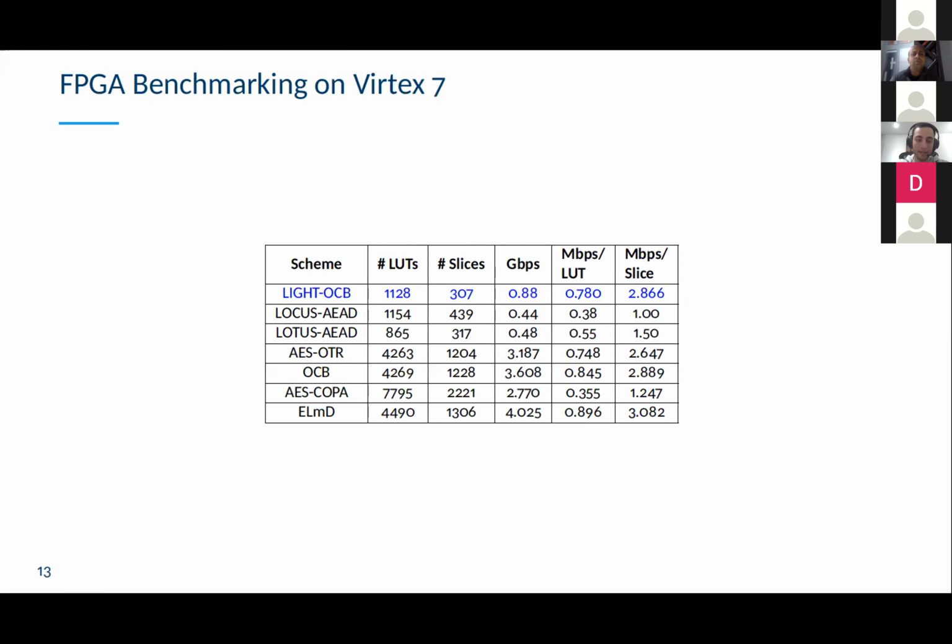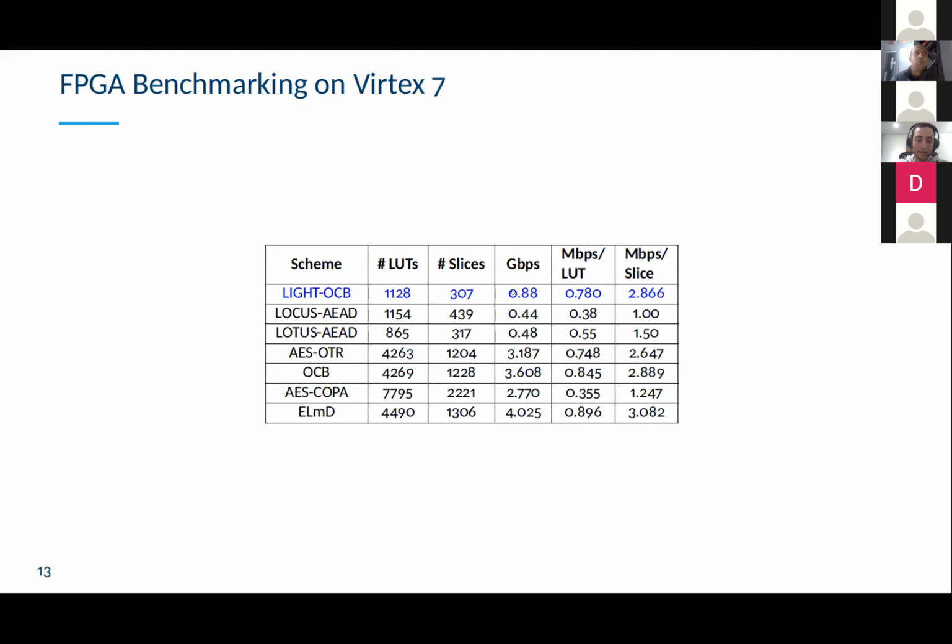And we have also provided some benchmarking with some of the existing designs. Some of the designs are implemented on the ASIC platform, so we couldn't use them in our FPGA benchmarking. We have observed that area-wise Light-OCB is comparable to Locus-AEAD, but the throughput is significantly higher, almost twice.